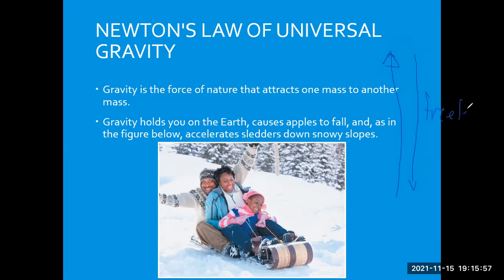Kung gaano kataas yung pinato mo, syempre, ganun din yung kalakas magiging impact niya sa baba. Same lang din yung distance niya pag bumaba siya. So magkakaroon lang ng equal masses or equal distance between the two.